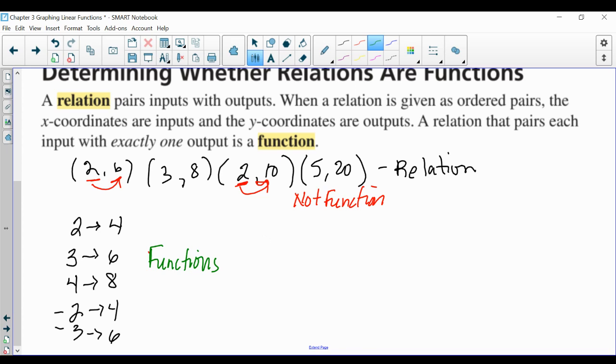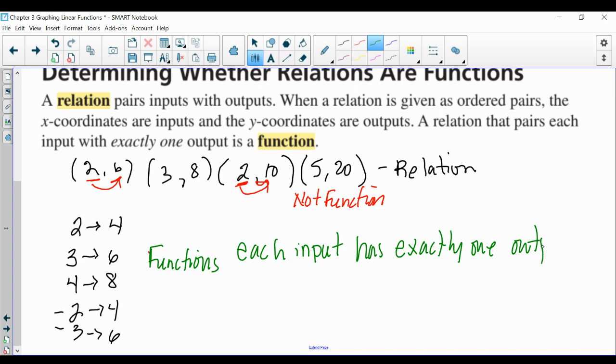I know that each input has exactly one output. All right, so each input has exactly one output.